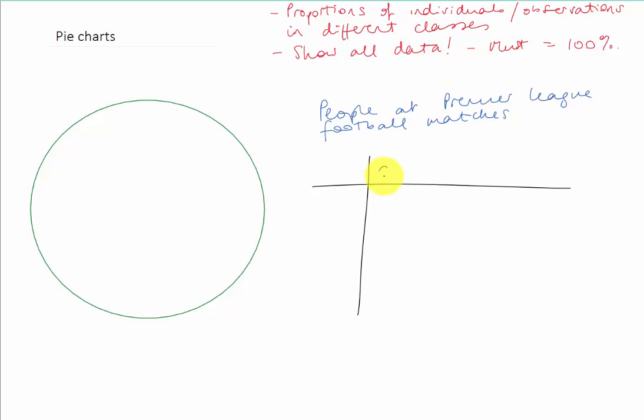So if we count people, then we get, this is semi-made up data, but let's say we've got 355,000 men and 145,000 women. And for a pie chart, we need to transfer that into a proportion or a percentage.